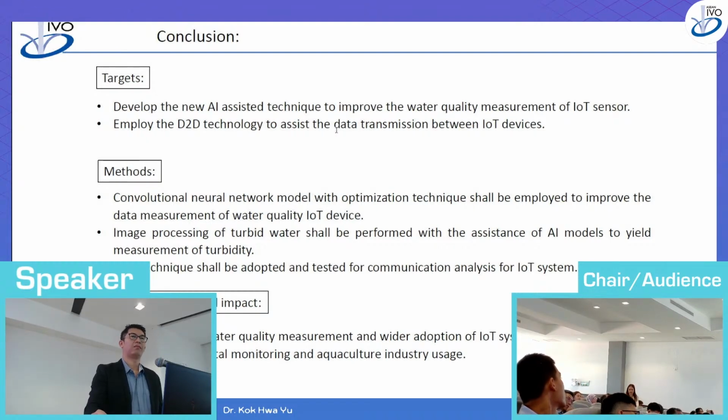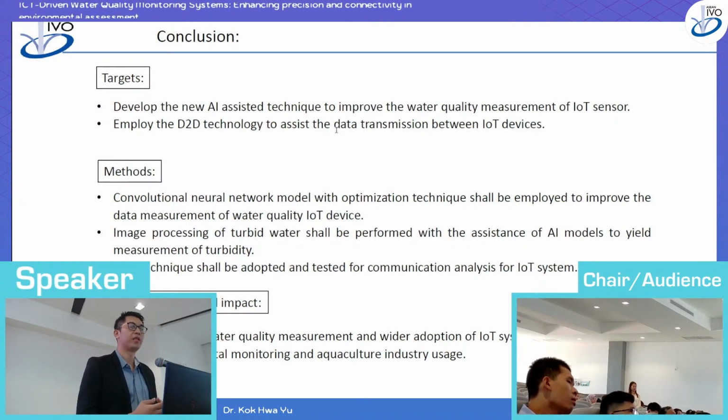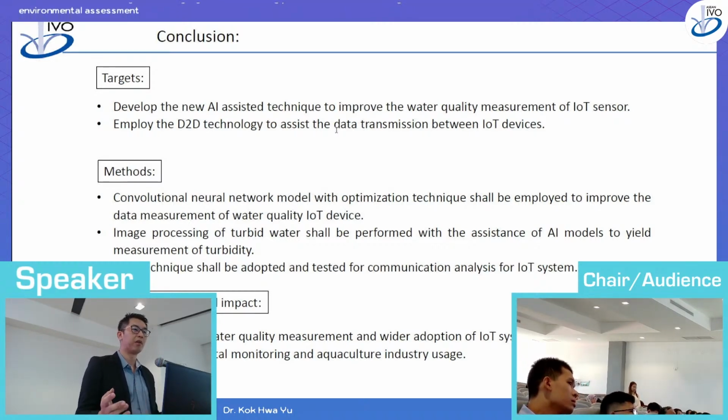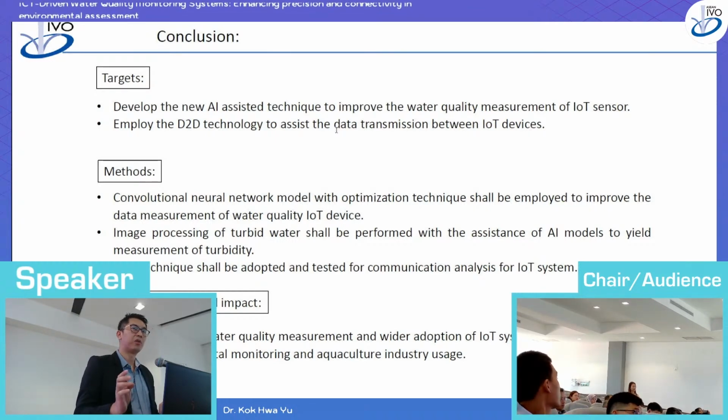Thank you for the question. We always acknowledge that we have errors in terms of the sensor. Even with 2 commercial units of the sensor, there's still deviation between the two.